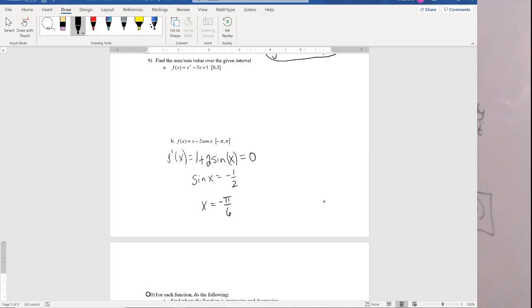And any other ones? So pi over 6 and 5 pi over 6. They're both positive, and then negative pi over 6, and what's going to be the other one?